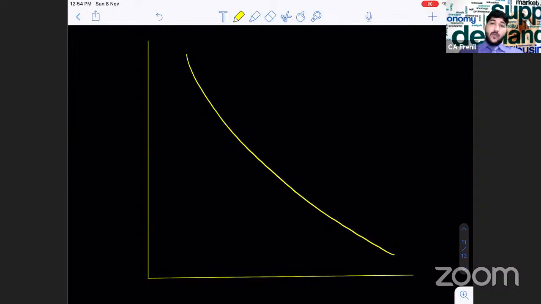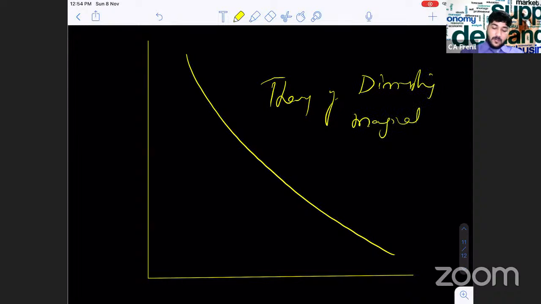And I said one of the reasons why it slopes downward to the right is the theory of diminishing marginal utility. That was the explanation which was given. Now, Vish Joysa has asked me a question: how? Okay, let me tell you how.